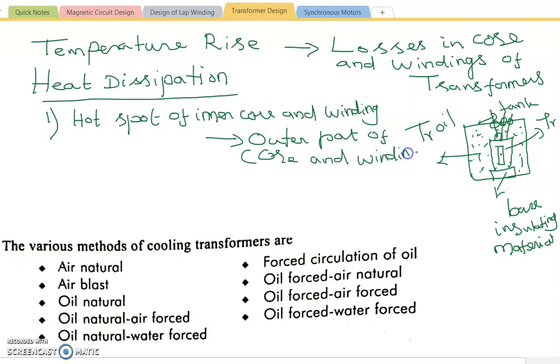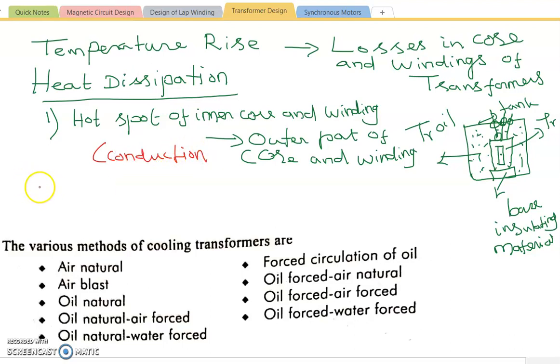So this is the first thing to be taken care of. The heat developed inside the hot spot of the inner core and winding should be conducted to the outer part.